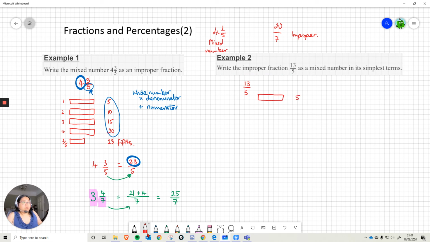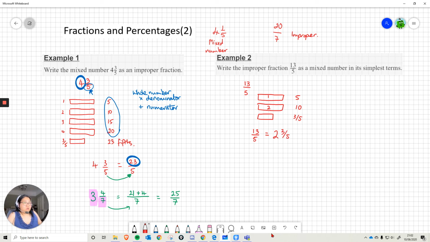There's 5 of my fifths used up. Now I have 13 altogether, so I'm going to draw another 5 squares together, and there's 10. But unfortunately, I don't have enough fifths to make a third whole, as I've only got 3 left over. So that will be my 3/5 at the bottom there. So I have 1 whole, a second whole, and 3/5, which means 13/5 is the same as 2 3/5.